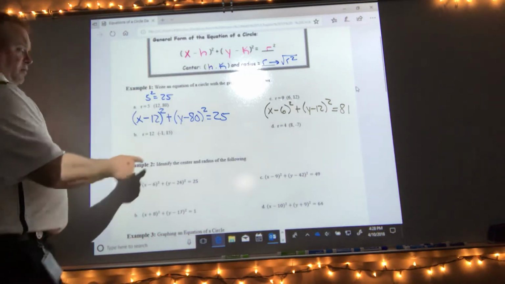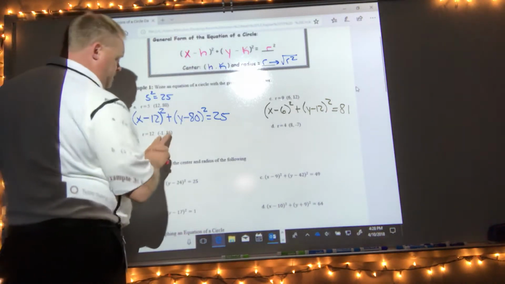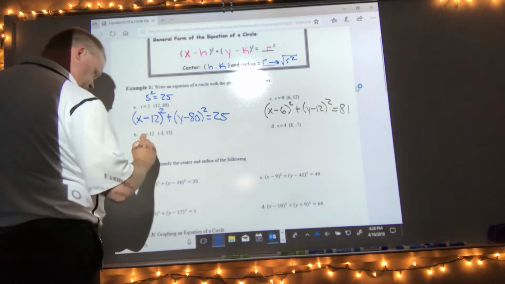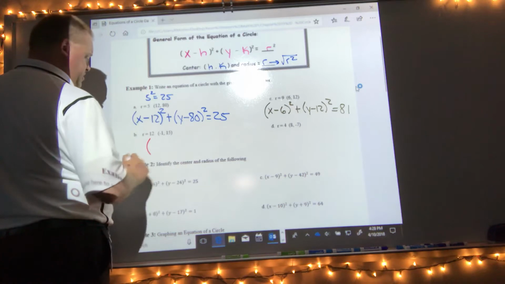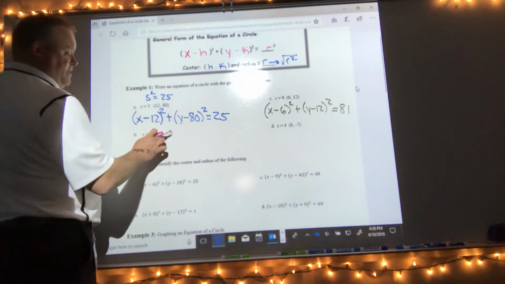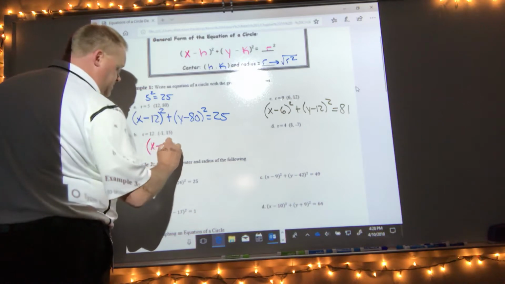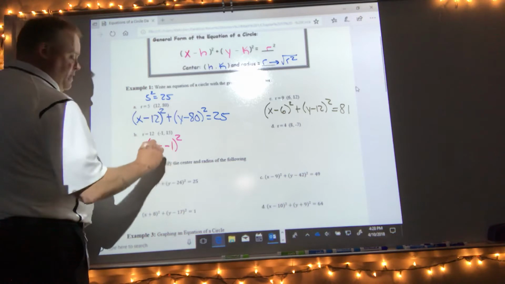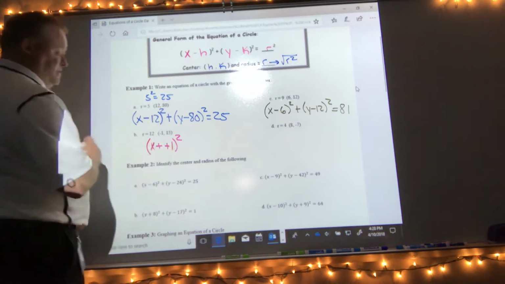The third example, r equals 12, the center at (-1, 15). Into the function, x minus, well, this one happens to be a -1. So minus a negative 1, squared. I know that two negatives make a positive, so I'm going to go ahead and place that now.